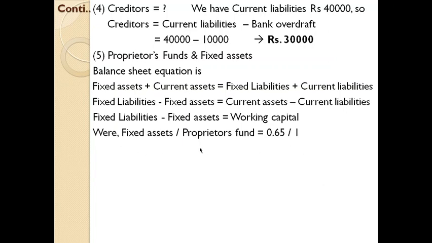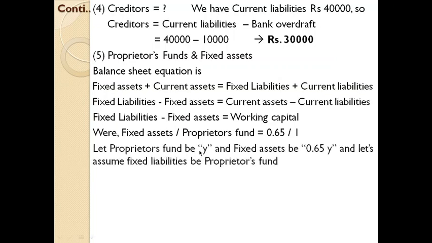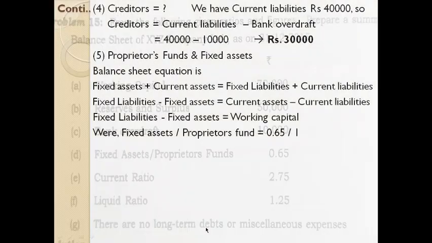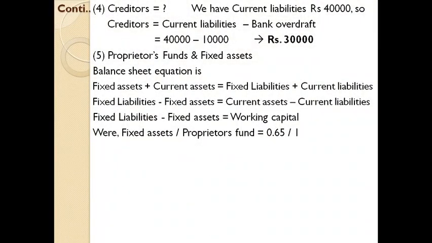Since there is no information regarding the amount, let us assume that proprietor's fund be Y and fixed assets be 0.65Y. And for the time being, let the fixed liabilities be the proprietor's fund, because in the question there is no information regarding long-term debts or miscellaneous expenses.